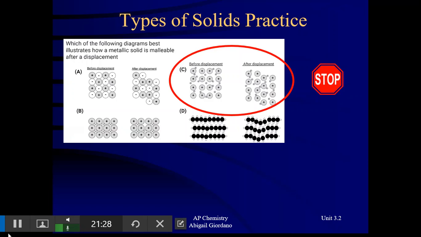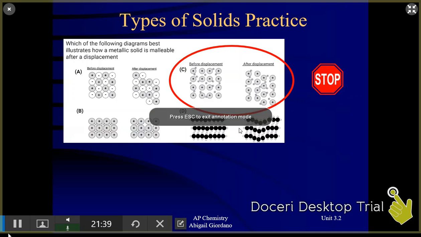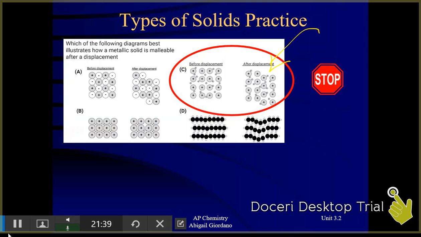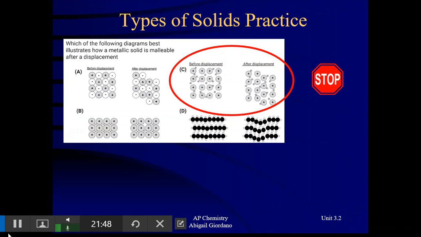It's a group of metallic cations. So that's where all those pluses are. And just those electrons are kind of floating around between the ions. And you can see right here, okay, that it's sort of been bent a little bit. In letter D, to me, looks like a protein or a polymer or something. That does not look like a metallic solid.